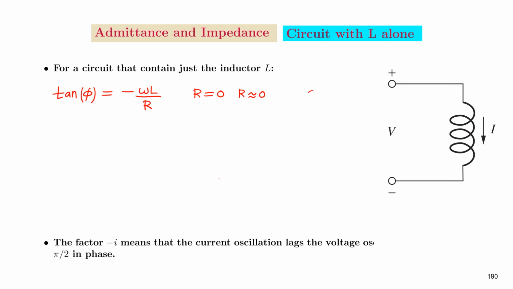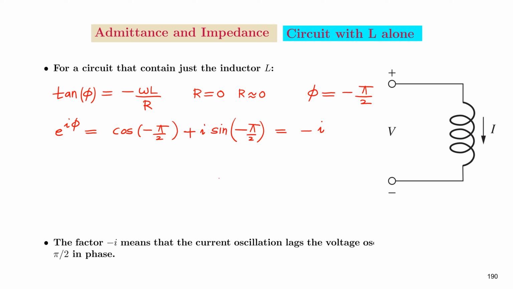So from this expression we will get phi as equal to negative of pi by 2. Therefore, e raised to i phi is equal to cos of minus pi by 2 plus i sin of minus pi by 2, and this will be equal to minus i.